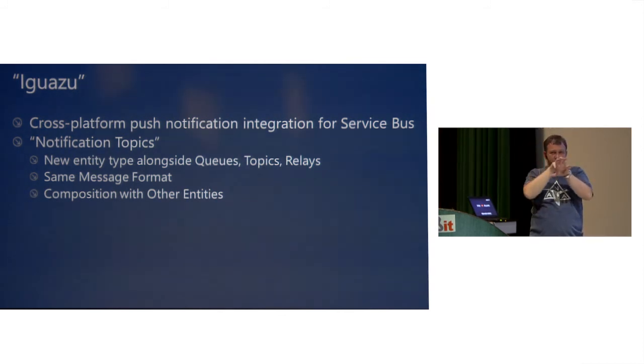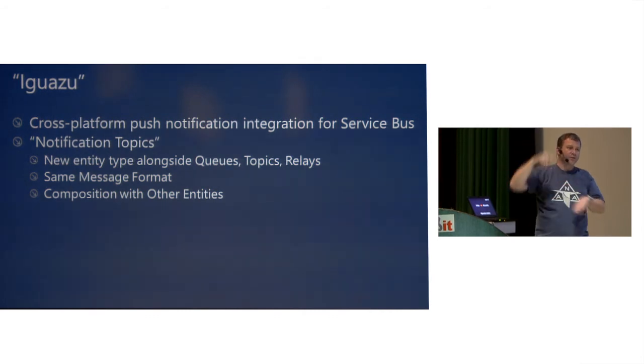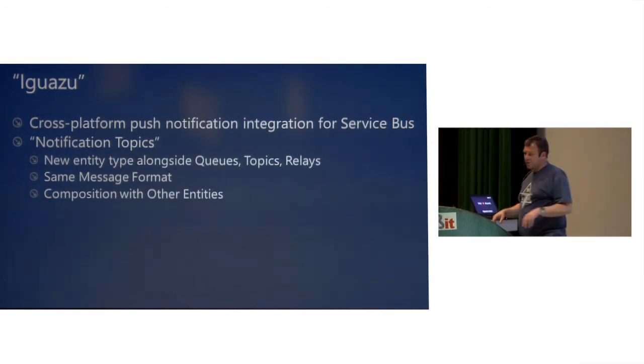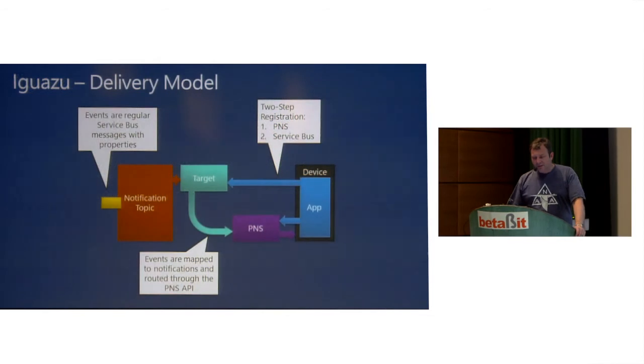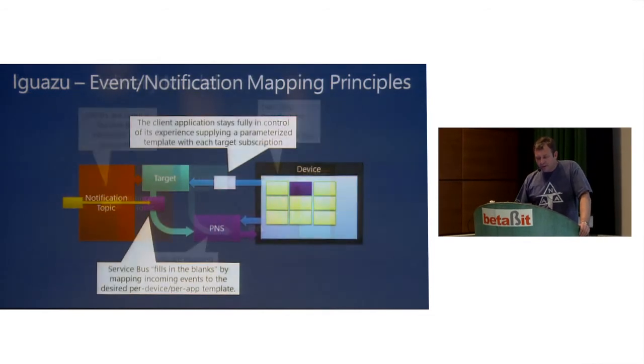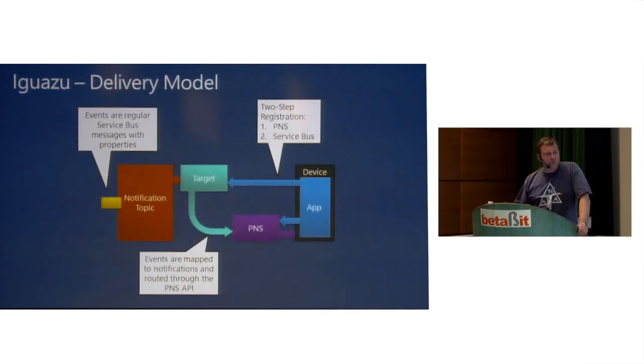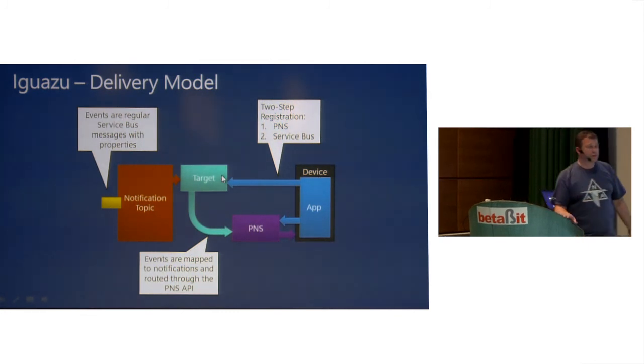So you can create these routes where you can combine both in-app messaging and out-of-app messaging using these compositions. And the delivery model here is that you send regular Service Bus messages with properties, and we're mapping them so the device comes and registers with us a target. We manage all the targets.